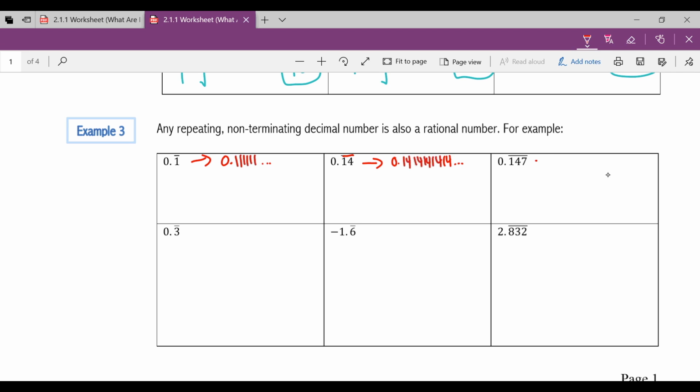And likewise, the 0.147 with a bar becomes 0.147, 147, 147. And so these bars right here just allow us to be a bit more precise, but more importantly, more economical in how we express repeating numbers. It saves us time, and mathematicians are notoriously lazy. We're always looking for the easy way out.